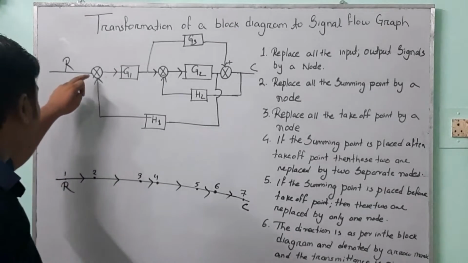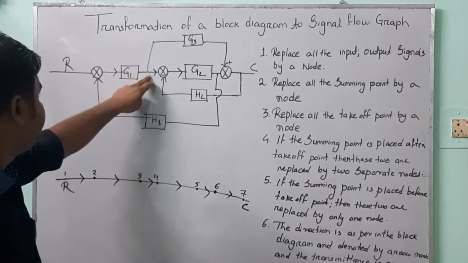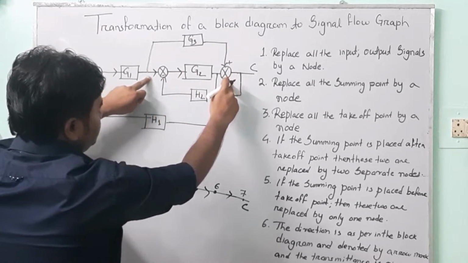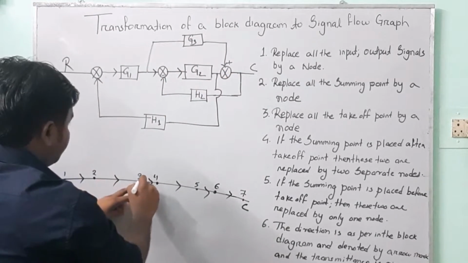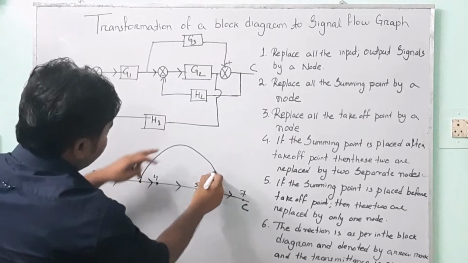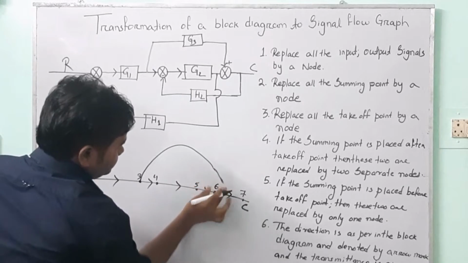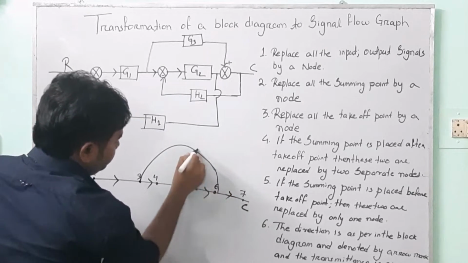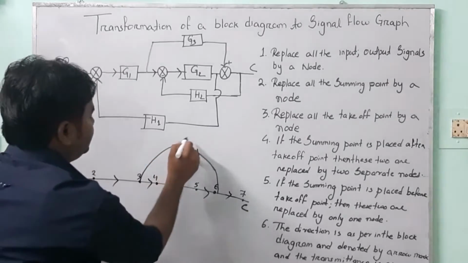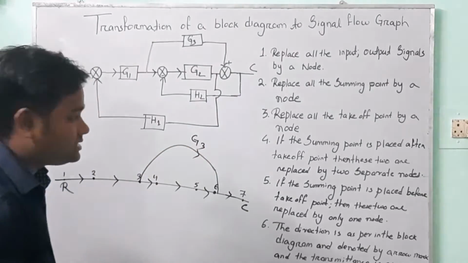Now at this takeoff point, the signal G1 is going to this point, so at node point 3 till point 6, and the transmittance is given near the arrow mark. Here G3 is the transmittance.